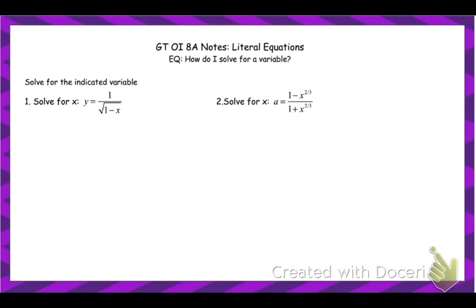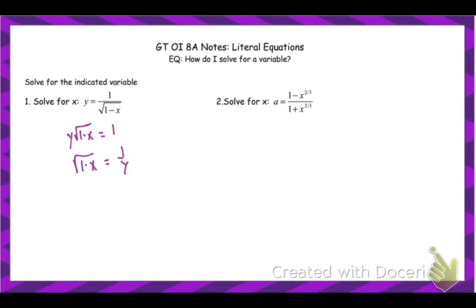So looking at this first one, we're solving for x. So first thing I want to do probably is multiply both sides by the square root of 1 minus x, or cross multiply, either way. So then at this point, if I want, I can divide by y.